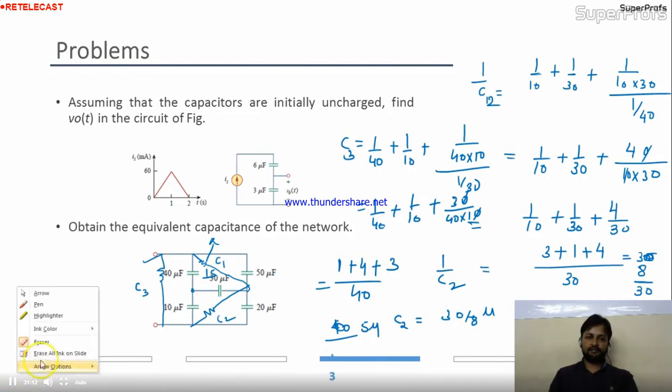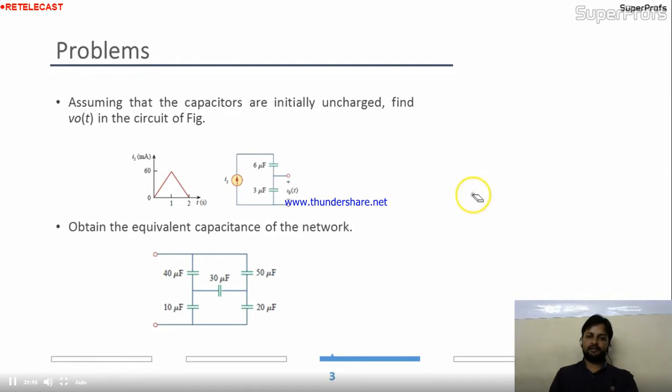Okay, let me clear it. Now the resolved circuit of this is, sorry, let me take the pen first. The resolved circuit is now, this is 50 micro. Okay, fine. This is the resultant, that is 15 micro, and this was connected over here.